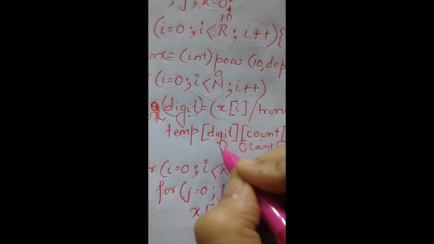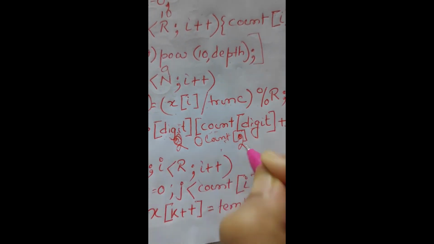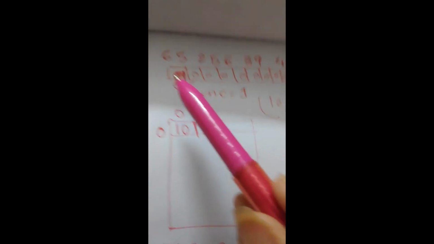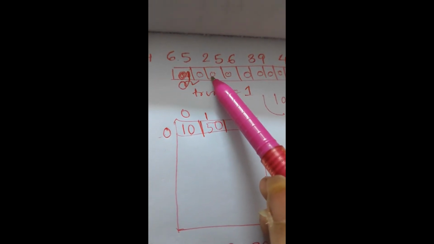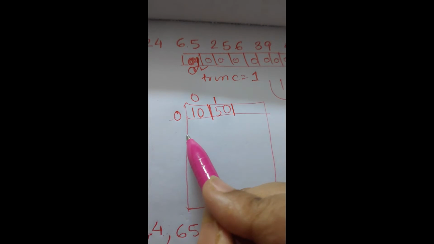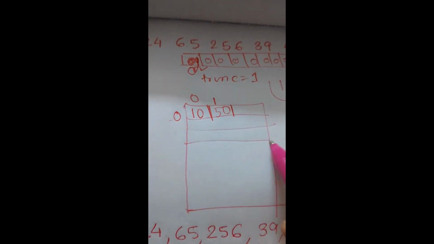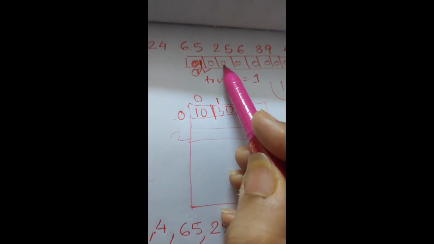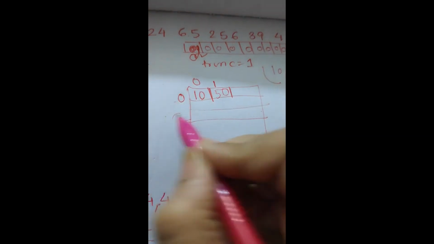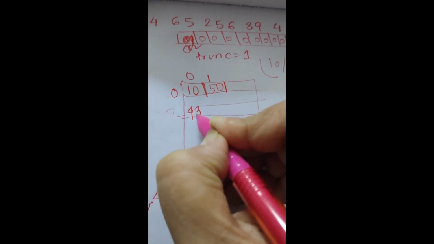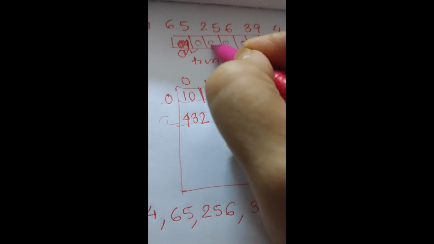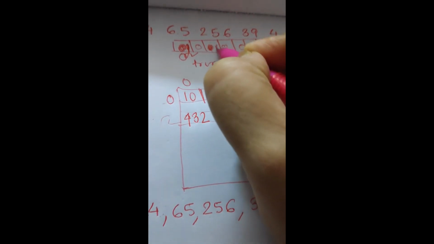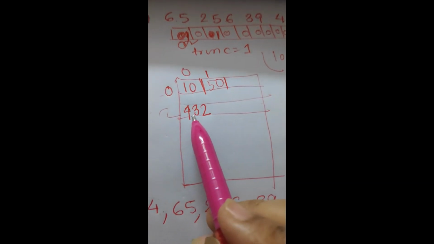Now when we come to the second row, we call the count value of the second row, we call count 2. Now when we call count 2, we see that count 2 over here is 0 because the second row, the row that has the row number as 2, is empty. So the count value of that is 0. So in that second row and in the 0th column, we store the number 432, and this 0 over here becomes 1 because there is one element in the row.